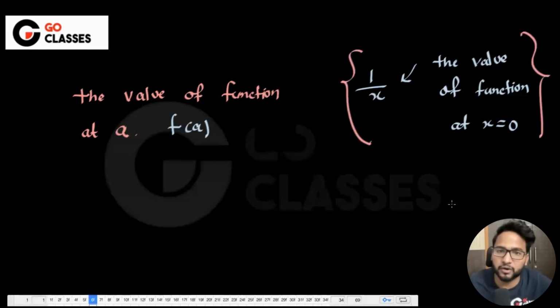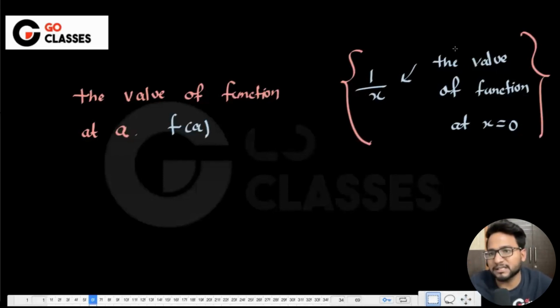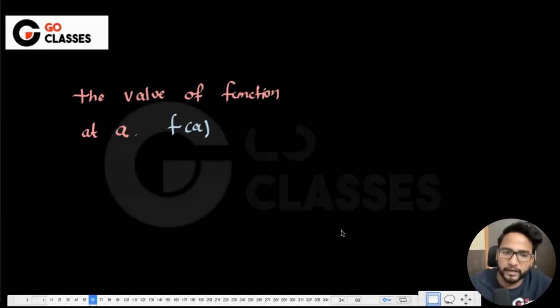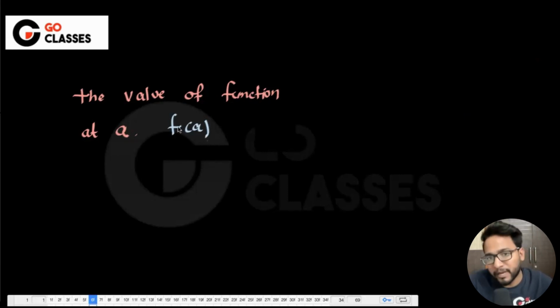In this case it is infinity, but maybe x equal to 0 is not even in the domain. So if I say the value of the function at a is f(a), it may exist, may not exist, maybe infinity, maybe 0, maybe any number, but it is f(a). We are just writing in the abstract way.